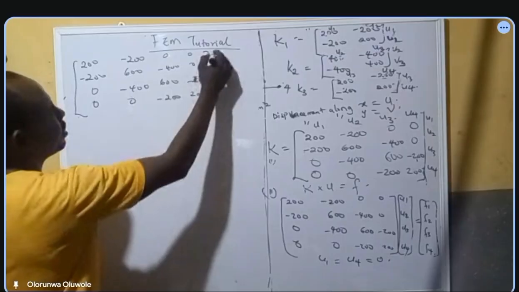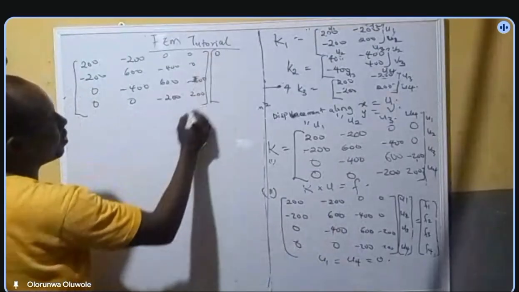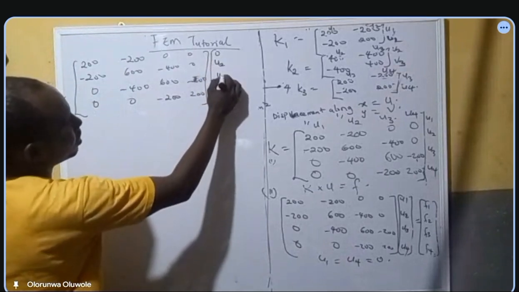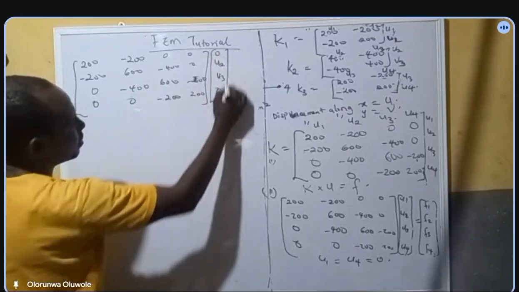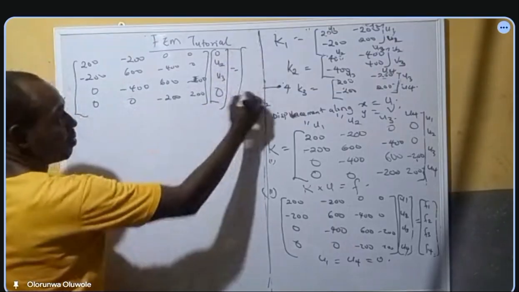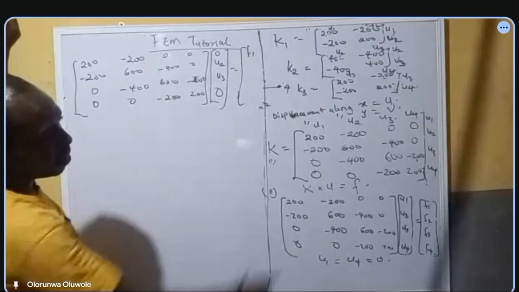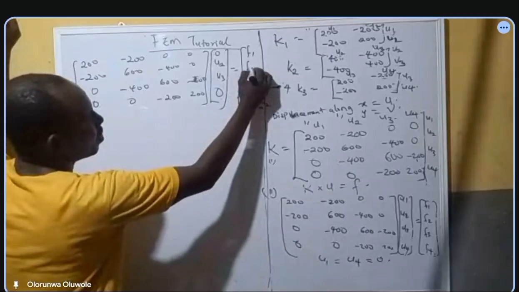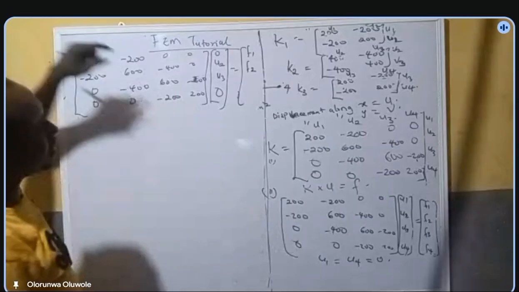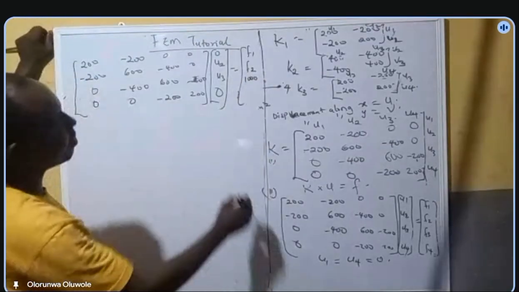And then your displacement here is 0. I have my U2, I have my U3, and my U4 is also 0. Do we get it like that? Equals my F. I have my F1, my F2, my F3 is given as P, and given as 1000. So I have 1000 here. And I have my F4.